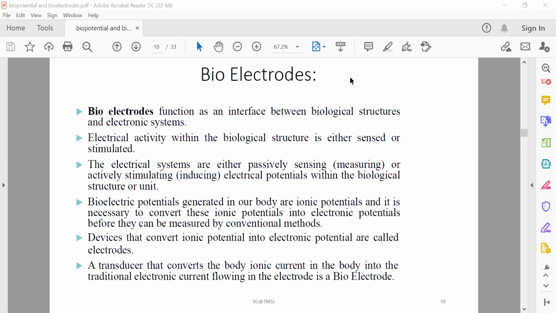The measurement of this ionic potential and of electric currents in the body needs some interface between the body and the electronic measuring instrument. This function is achieved through biopotential electrodes or bioelectrodes.